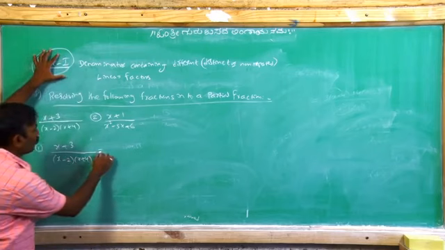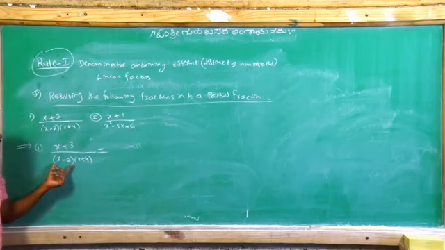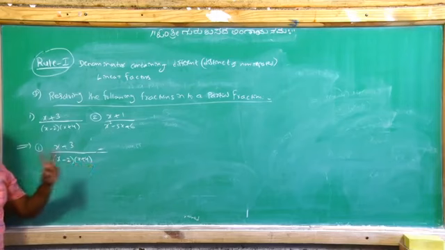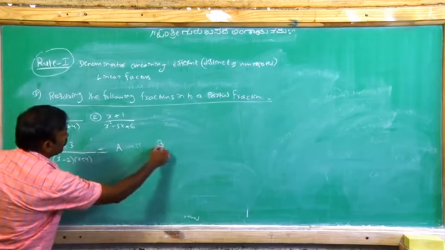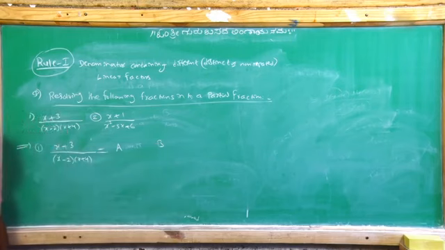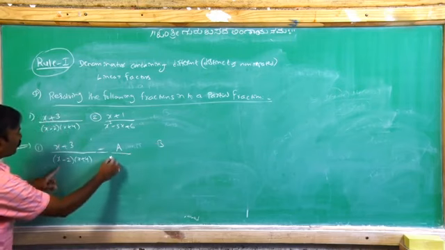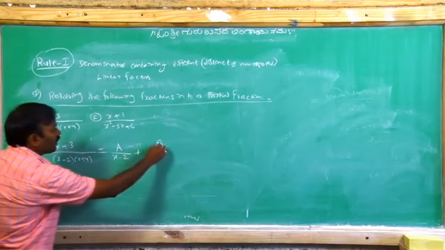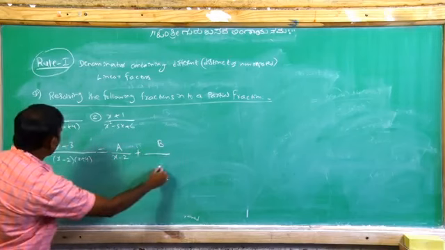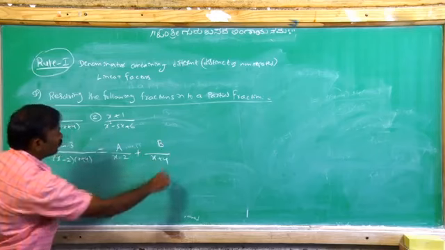So by using rule 1, a total of 2 different linear factors means using 2 different constants: first constant a, second constant b. Take the first constant for the first linear factor x minus 2, and the second constant for the second linear factor x plus 4.